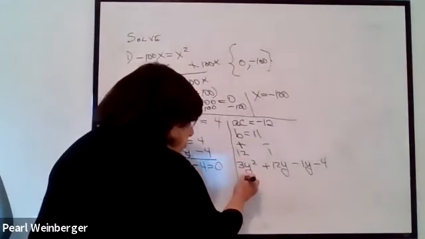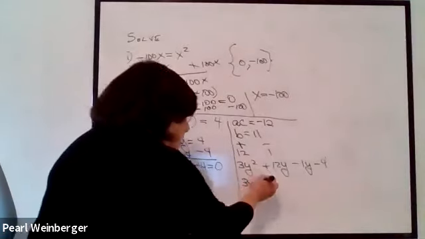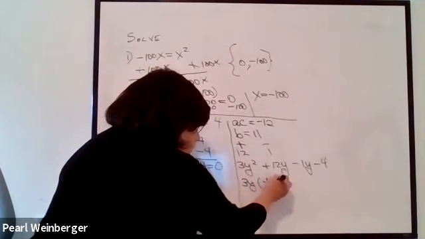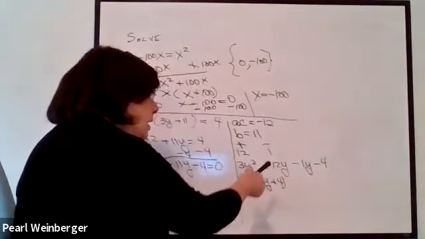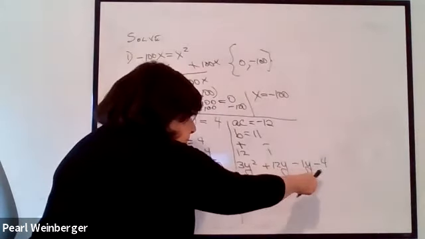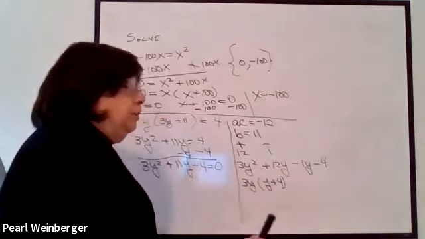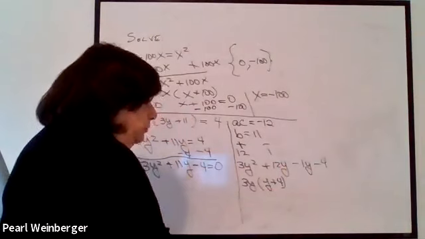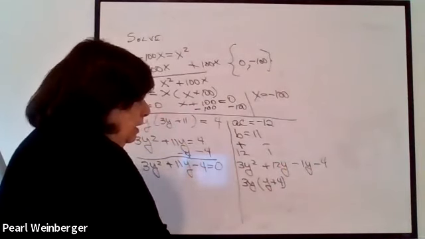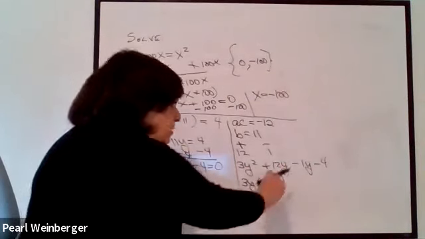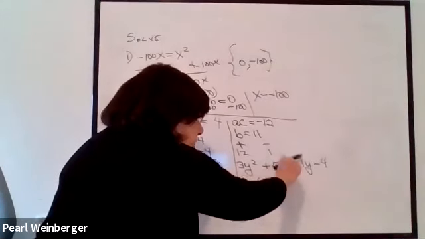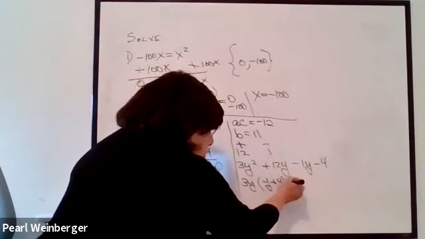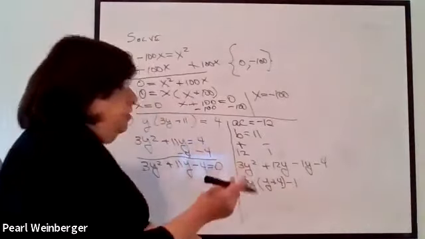In my first group, I have a 3y that's a common factor. That is going to give me 3y times y plus 4. And my second group, you don't have to put the 1 in, but if you put it in, it doesn't matter. You could have just written it as negative y. But there's no common factor except the negative 1. You must put in a number in front of that.